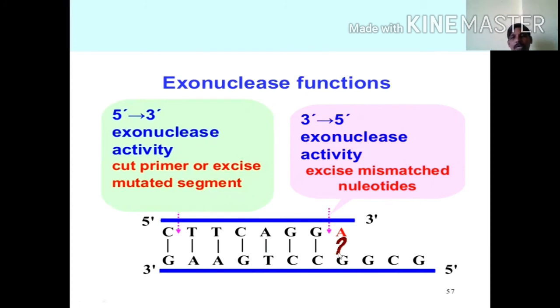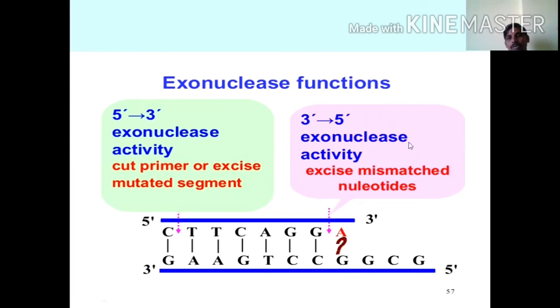For example, here the template strand containing G is paired with A. It is not correct as per the base pairing rule; G always combines with C. That's why the 3 to 5 exonuclease activity of polymerases 1, 2, and 3 removes the adenine and replaces it with cytosine.